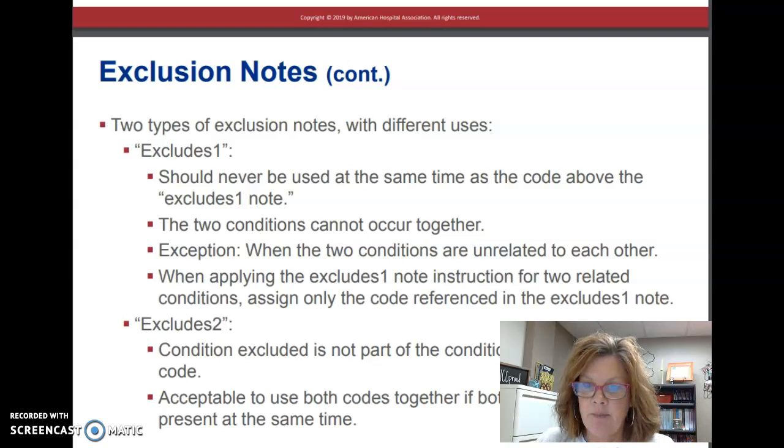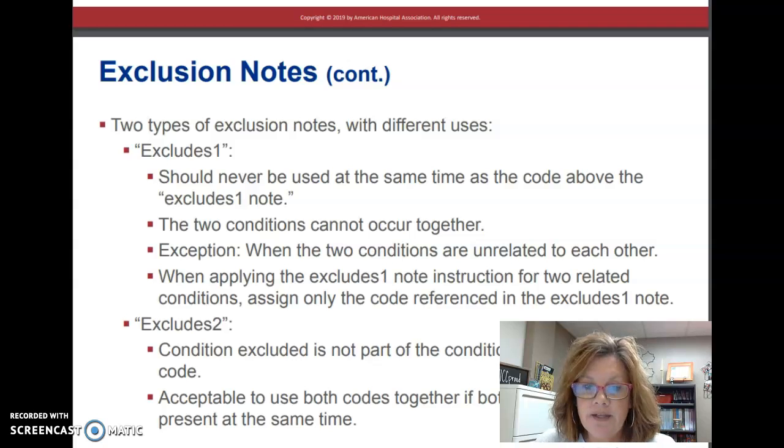Anything in the M80 section is excluded. A pathological fracture you cannot include in the M80, because that's going to be the M84, or wedging of a vertebra.